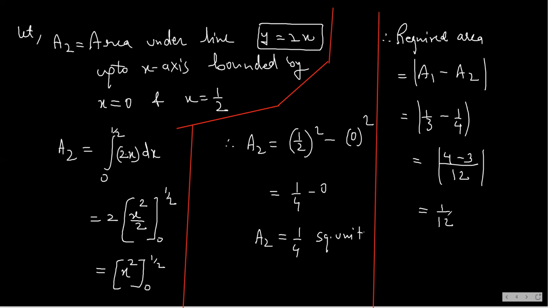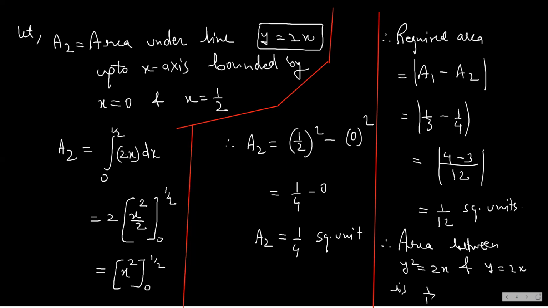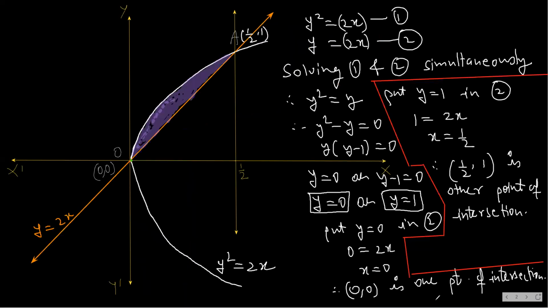So this is the required area, square units. So you will write, therefore, the area between y square equals 2x and y equals 2x is 1 upon 12 square units. That's the final answer. This is a very simple problem and normally it comes for 4 marks, so you can understand getting 4 marks would be so easy. Okay, see this whole thing once again and solve it.